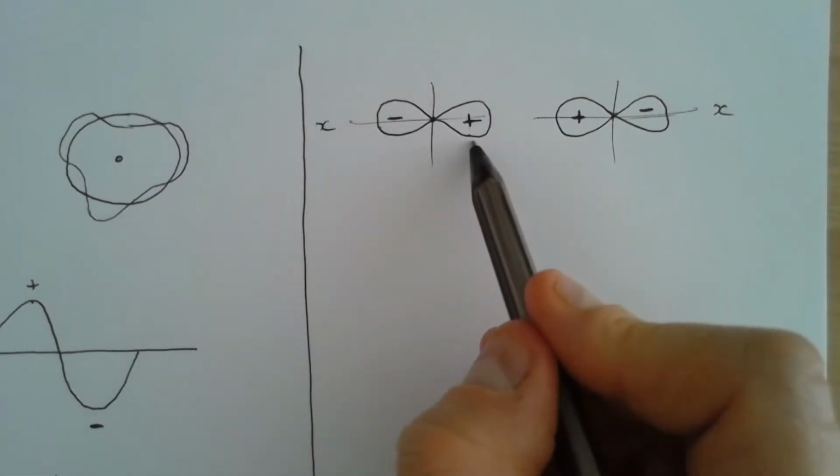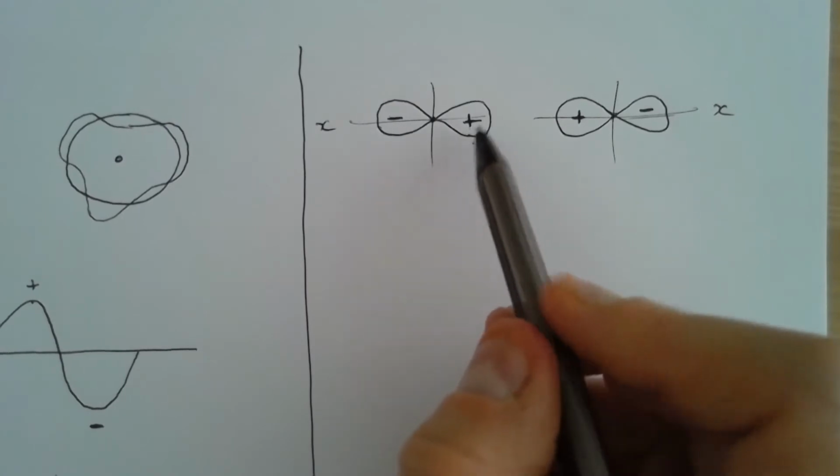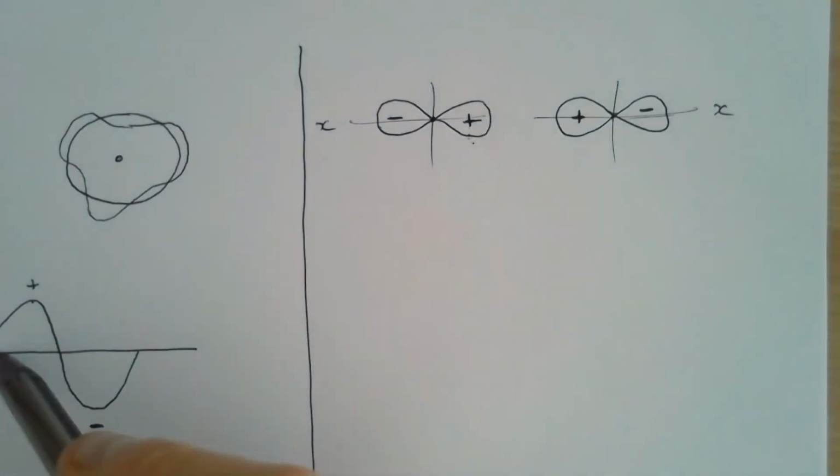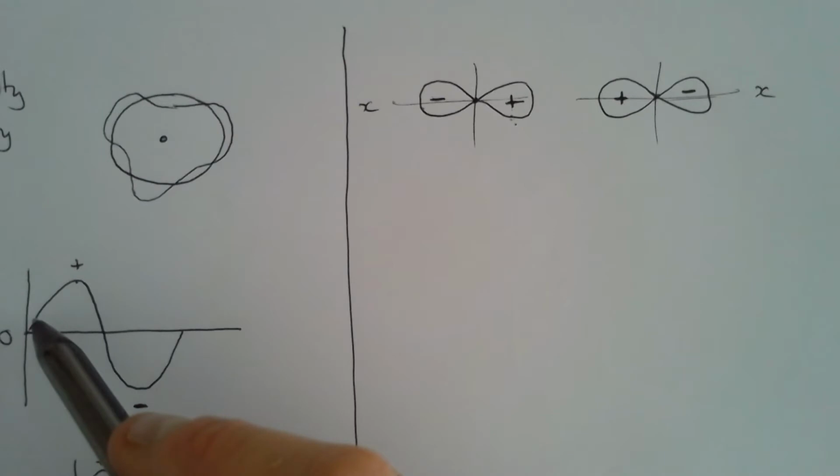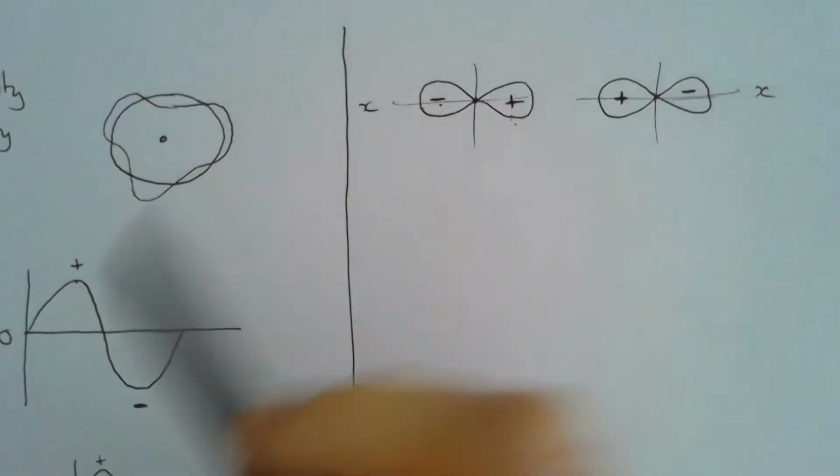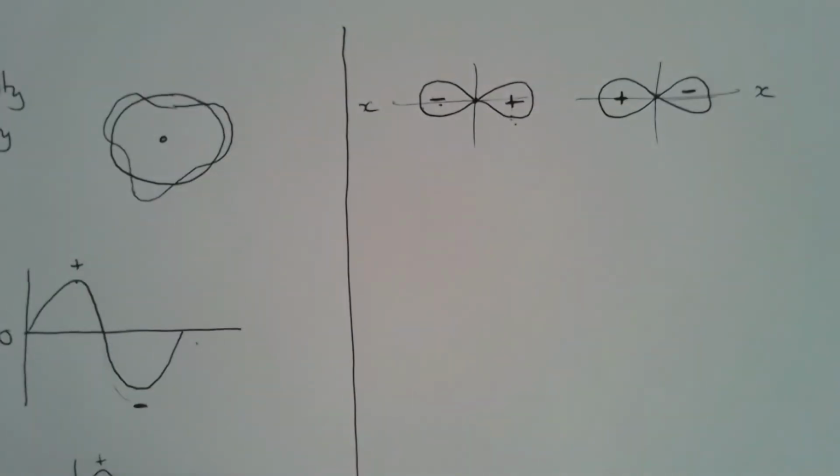This is not charge under any circumstances. This is just saying that the wave here is in the positive part of the displacement, and the electron wave on this side is in the negative part of the displacement.